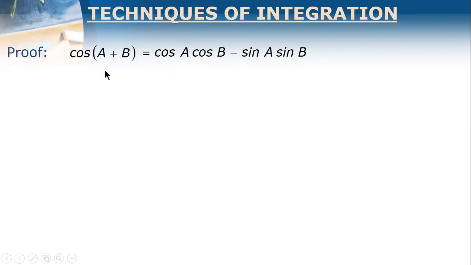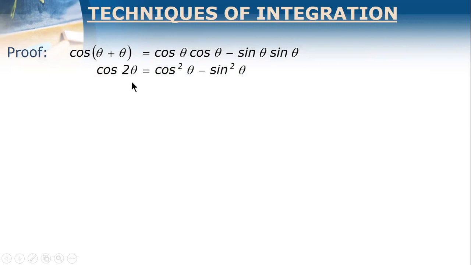So, if A and B are equal, let us say A is equal to theta and B is equal to theta, on the right side we change A and B. So if you have cosine of theta plus theta, A becomes theta, B becomes theta. Same with sine A, sine B. If you add these, that's 2 theta.